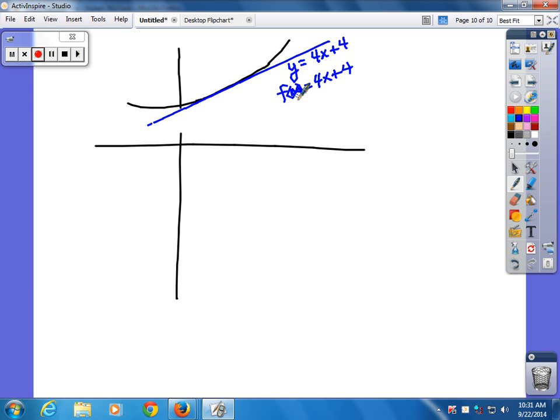Now let's say I wanted to find, take a red point, the slope at this point right here. Well, let's say that point is that x is equal to what? Then what am I going to do with that negative 5?